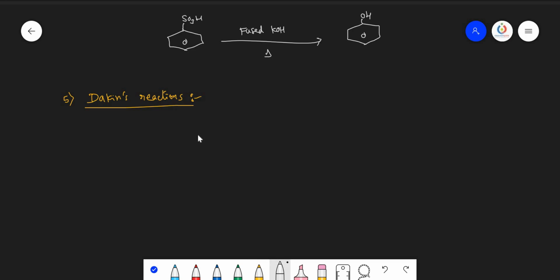In this reaction, we take alpha hydroxy carbonyl compounds. It may be aldehyde or ketone. So that when subjected to H2O2 in the presence of H plus, second one, H2O in the presence of H plus. Sorry, this is OH minus.